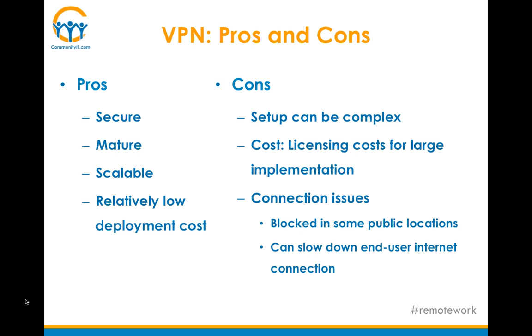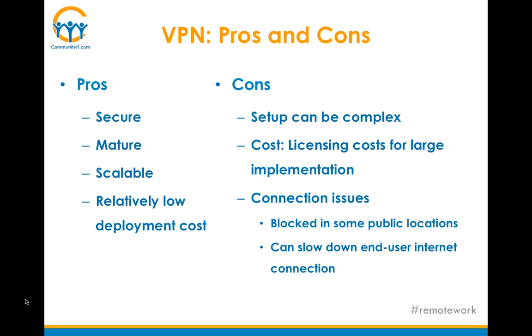So if you have an office in Chicago, Georgia, California, and DC, you can virtually join those offices and make it seamless for users to use the different network resources in your organization. The deployment costs can be relatively low, but they can grow. It depends on the complexity.